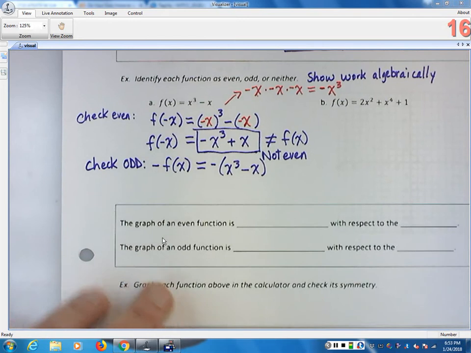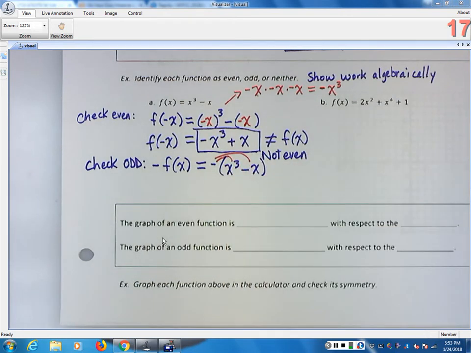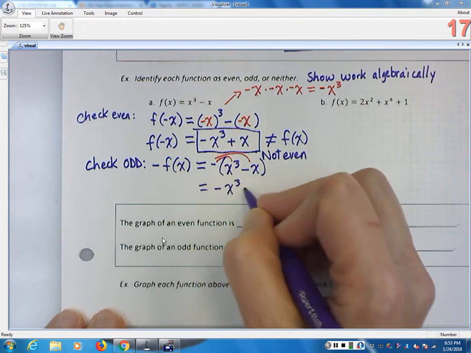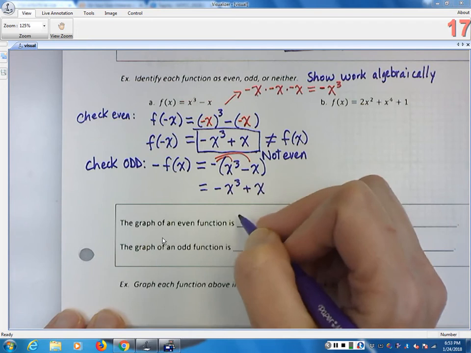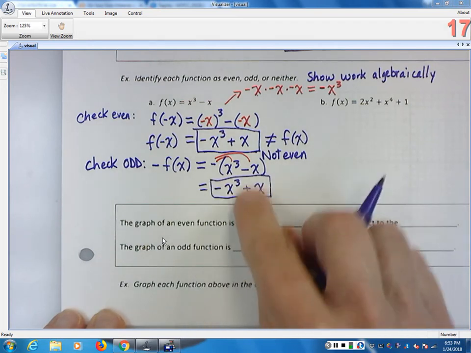And all you're going to do is distribute that negative sign, and we're going to get negative x cubed plus x. You got that? Does this equal that?